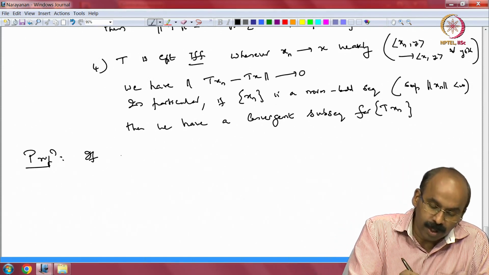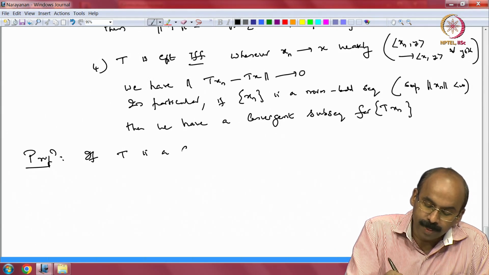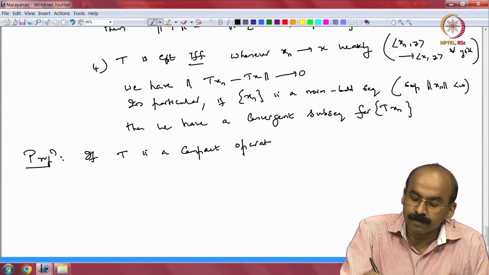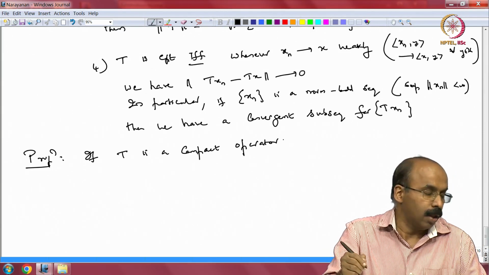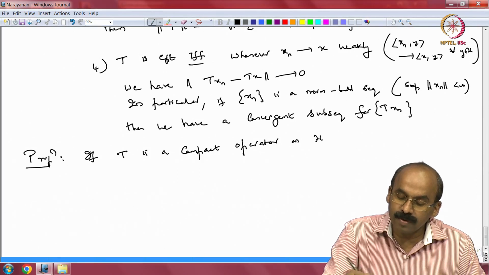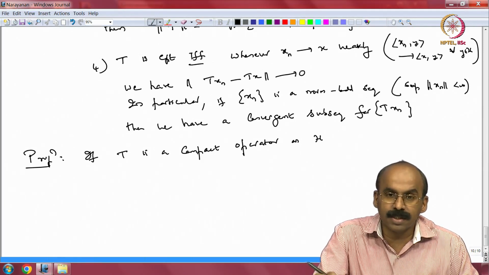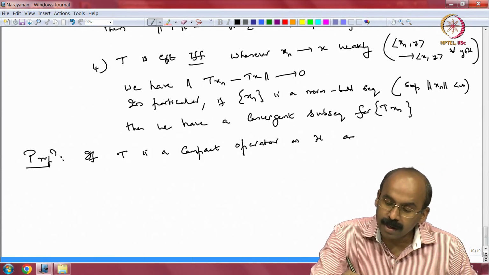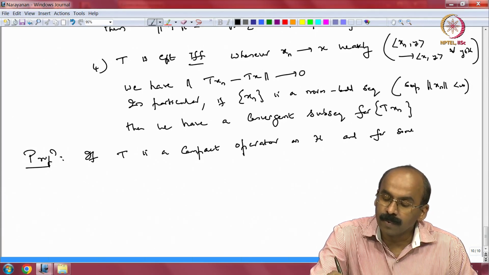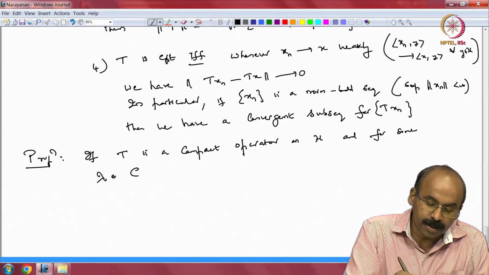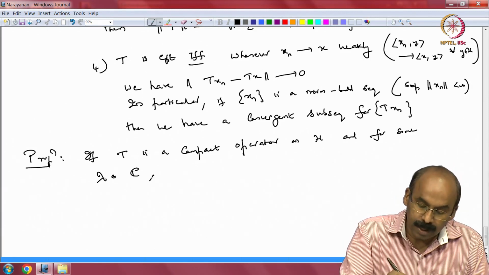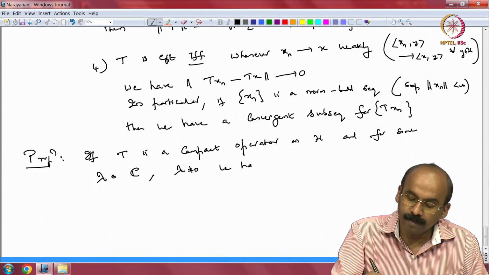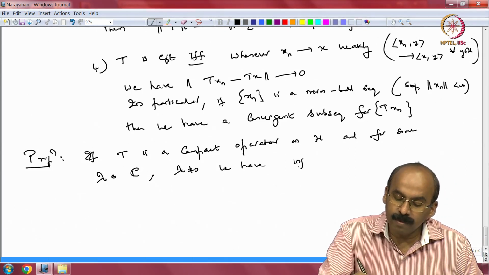Okay. So, if T is a compact operator on H. So, remember H is always a separable Hilbert space. In this case, it is an infinite dimensional complex separable Hilbert space, and for some lambda in the complex plane, let us say lambda not equal to 0, we have the infimum of.